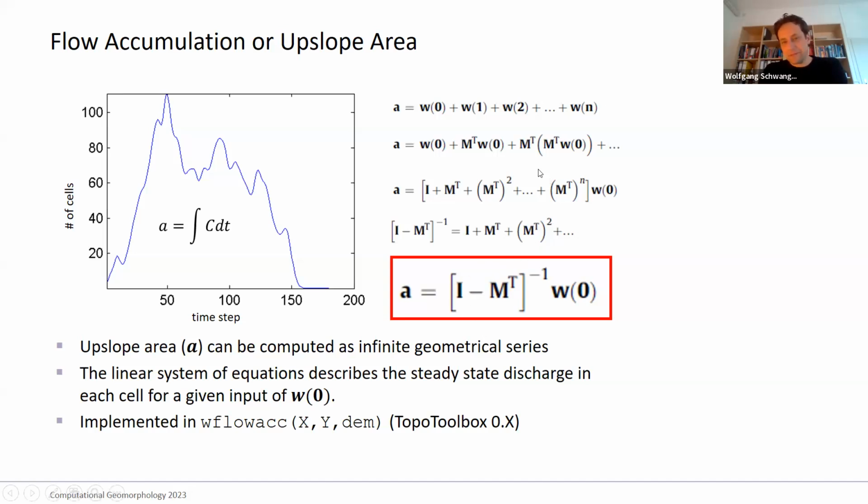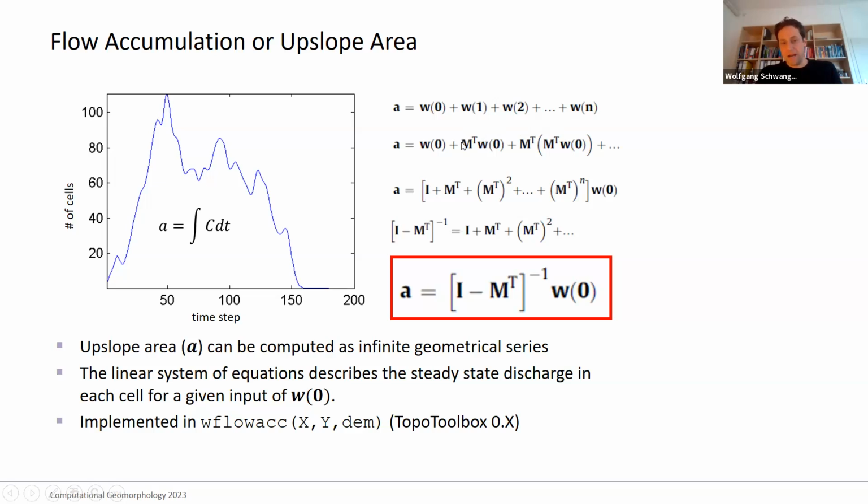Now, that's the only math that I'm going to show. But in the end, flow accumulation is the integral for any location below the hydrograph. Okay, so summing up all these values would give you the number of pixels draining through each grid cell. And so that's the water amount at the beginning plus the water amount after the first step, water amount after the second, and so forth after n steps.